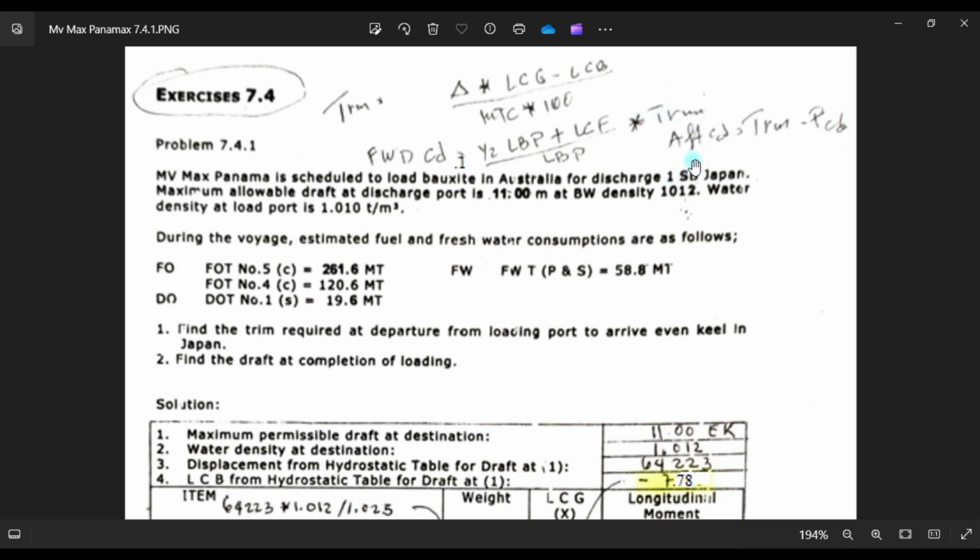And to get the aft change of draft will be trim minus the forward change of draft. Okay, so these are the required formulas in this problem. Okay, so we start now.